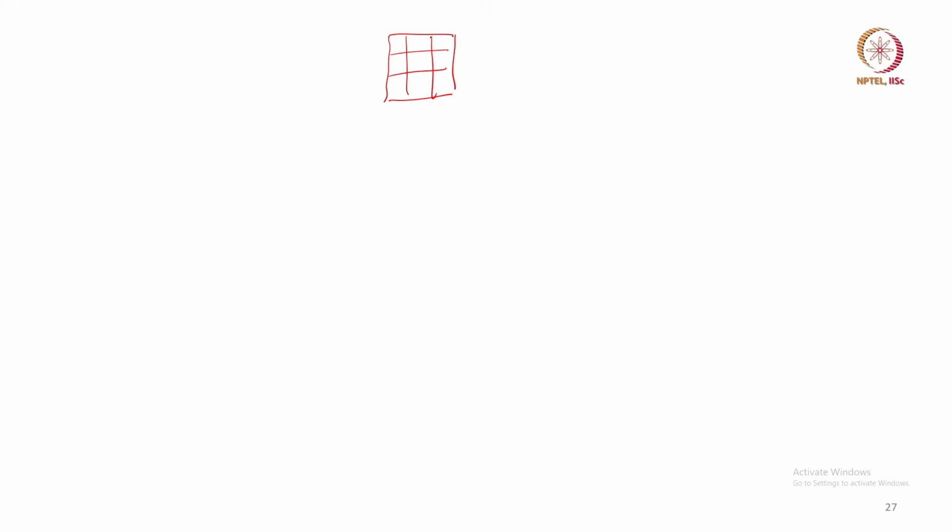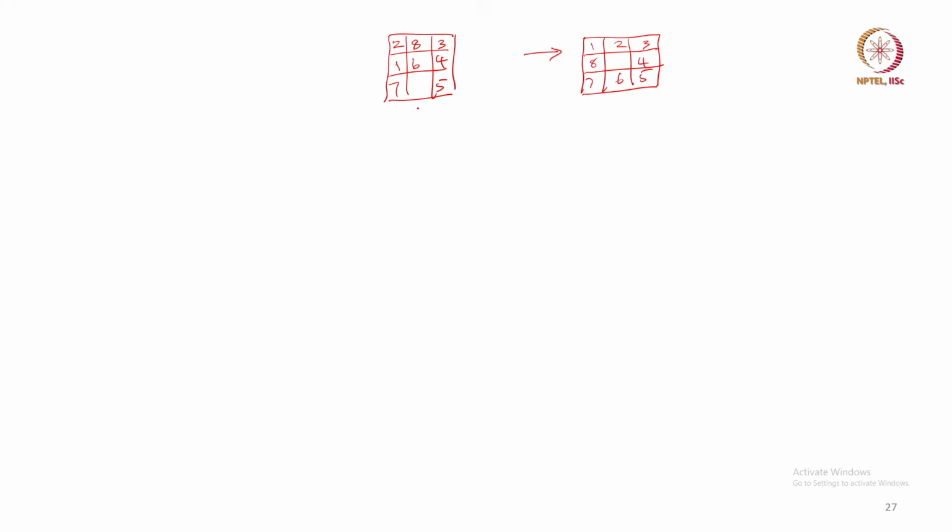This is your start node, and the goal state that you want is 1, 2, 3, 4, 5, 6, 7, 8.